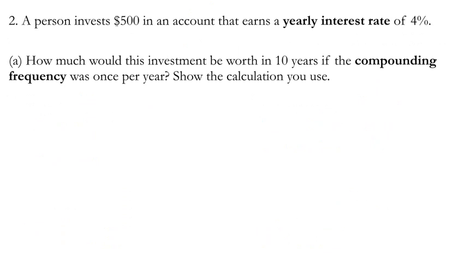Okay, let's take a look at another example. A person invests $500 into an account that earns a yearly interest rate of 4%. How much would this investment be worth in 10 years if the compounding frequency was once per year? Okay, so we're going to say A is equal to, our P value would be 500 times 1 plus, our rate is 4%, so 0.04, divided by the number of compoundings per year, once per year.